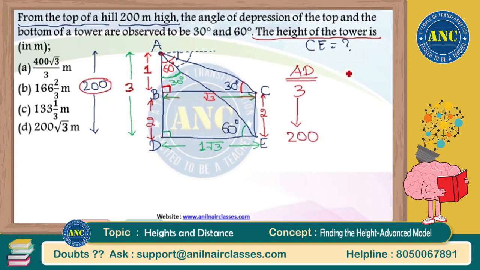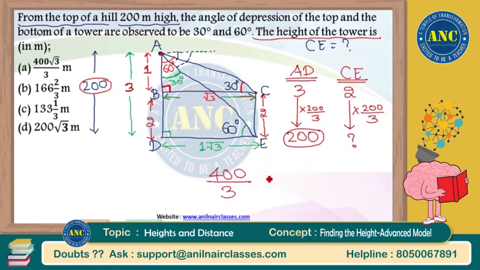Similarly, according to the ratio, if CE value is 2 units, how much are they asking in the question? 3 should become 200, so multiply by 200 by 3. 3 into 200 by 3 is nothing but 200 itself. 2 also multiply by 200 by 3. 2 into 200 by 3 is the answer for this question, 400 by 3, or in mixed fraction it can be written as 133 1 by 3 meters, which is nothing but my third option.